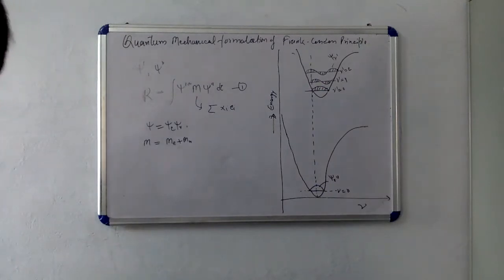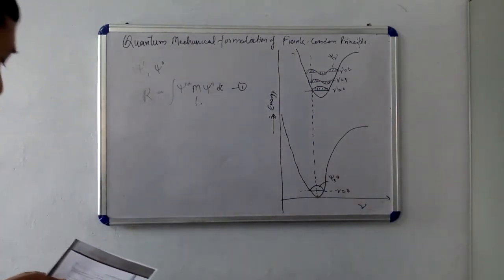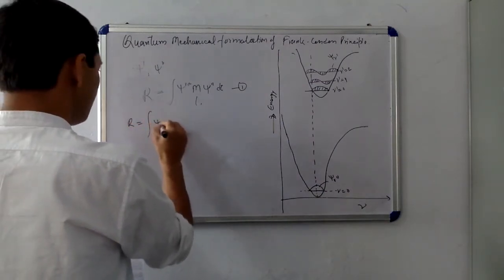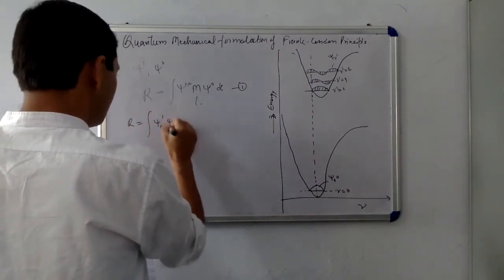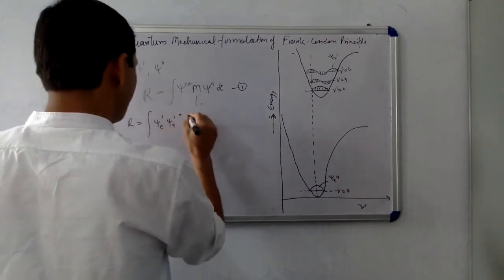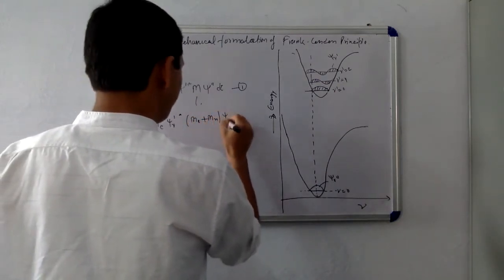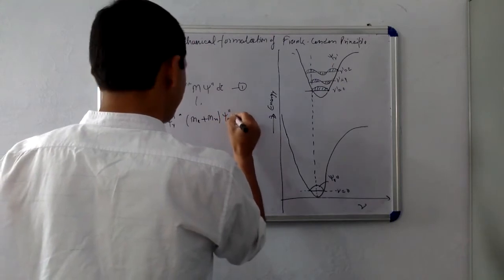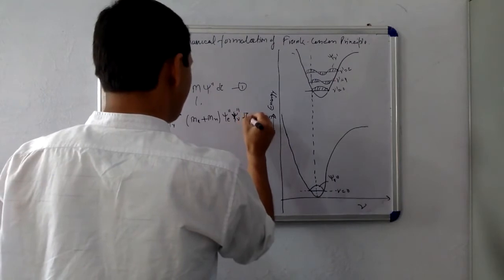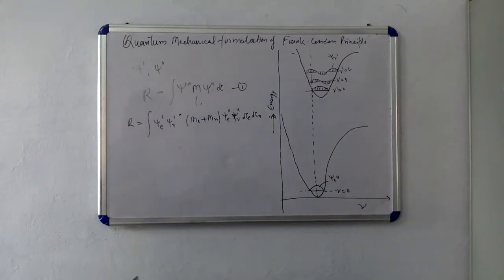Now putting these quantities in equation number 1, we can write R as equal to the integral of psi of E prime and psi of nu prime star, M of E plus M of N, psi of E double prime and psi of nu double prime, d tau E and d tau N, the volume elements.